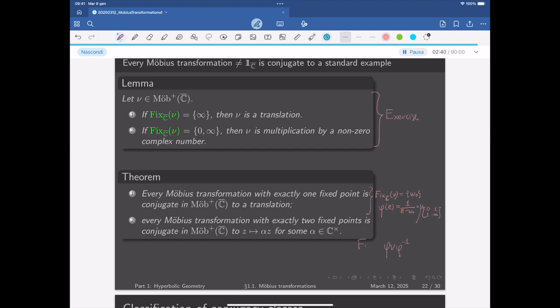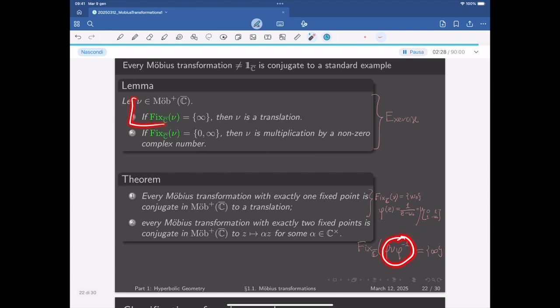So the fixed points in C bar of this guy is infinity, which means this is a translation by the previous lemma. Here I'm using that the conjugating one sends fixed points to fixed points, which is an easy lemma. And if you don't believe me, you can just compute this directly and you are going to see that this is true.